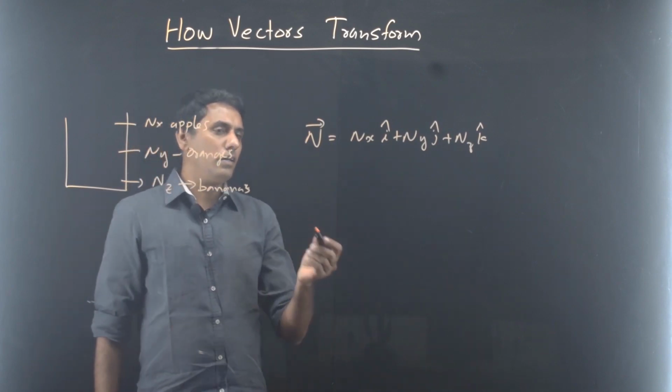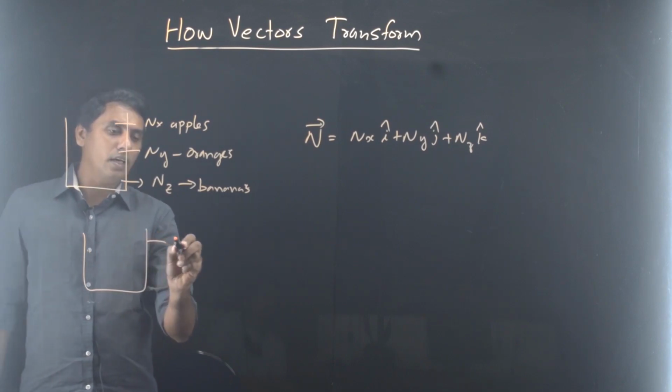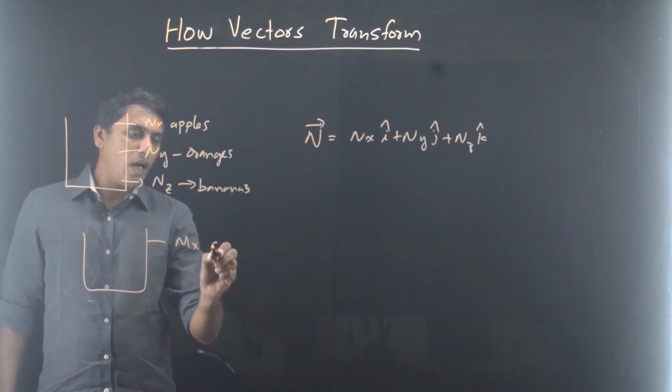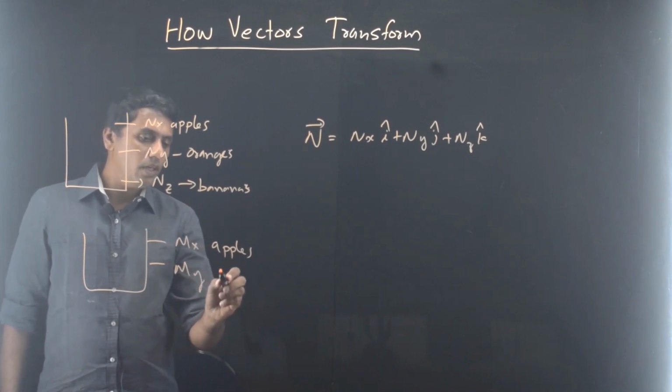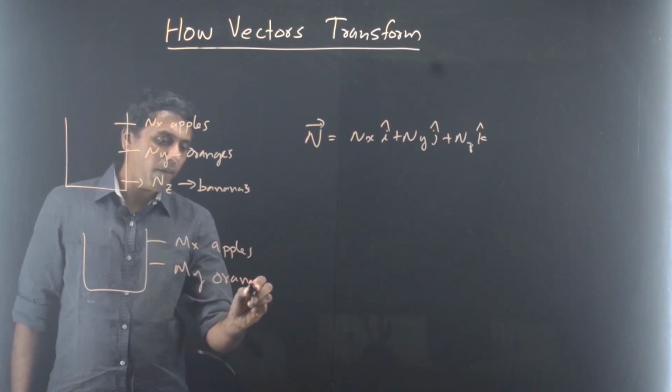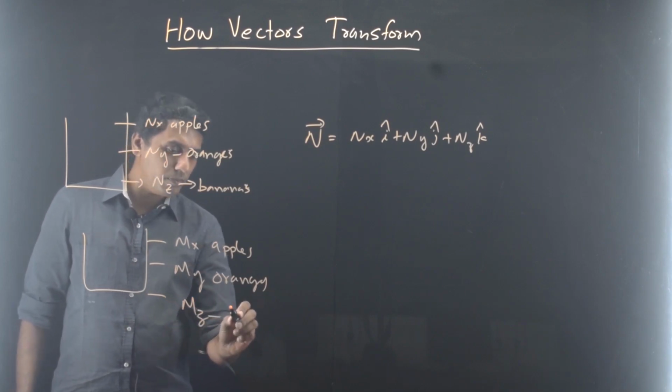Suppose you have another box which has mx number of apples, my number of oranges, and mz number of bananas.